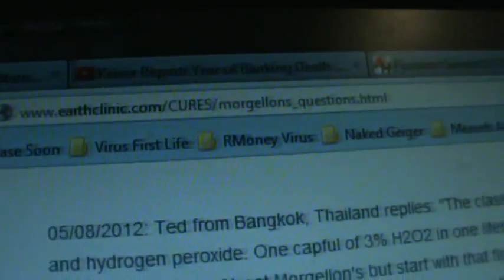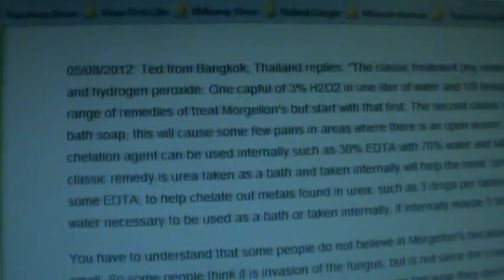And just to have an official source to provide to Mark Fragola, I went out there and I found a doctor who's working in Thailand. His name's Ted, and he claims to be curing people of Morgellons, and he suggests his treatment, which, let's see, this is on earthclinic.com, cures Morgellons questions.html.